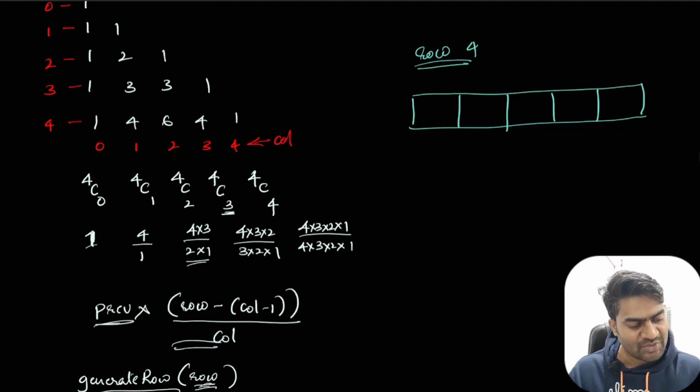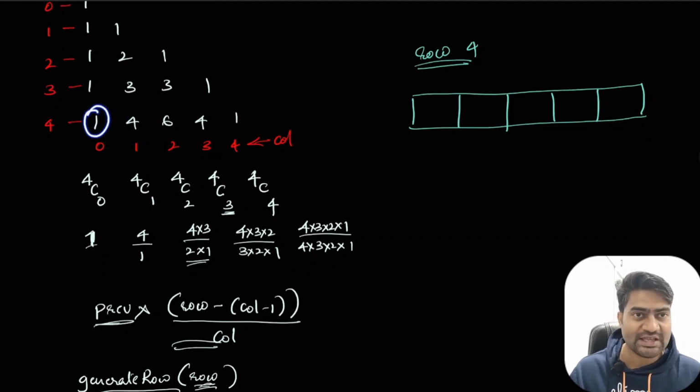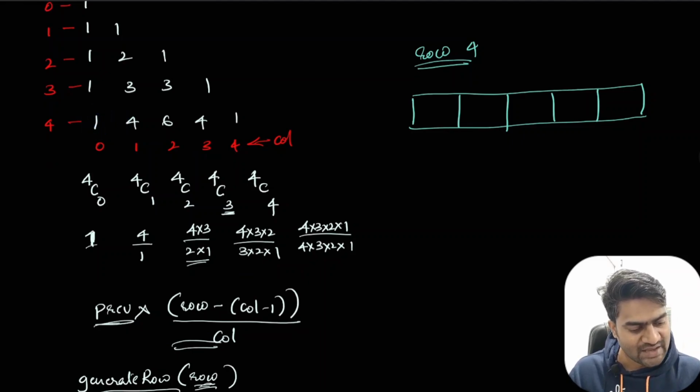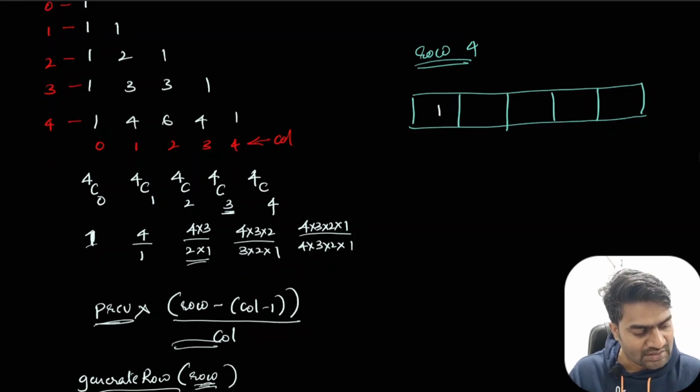Now for me the first value will be 1. So I will put 1 here. I will write the indexes 0, 1, 2, 3 and 4. Now for the second number, I will use this particular formula.